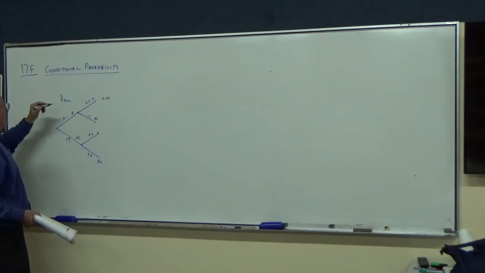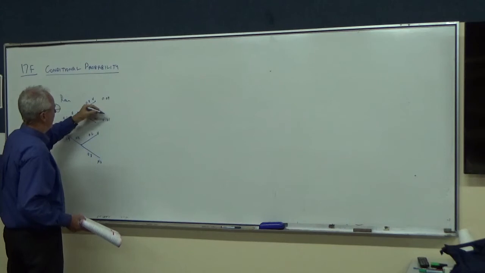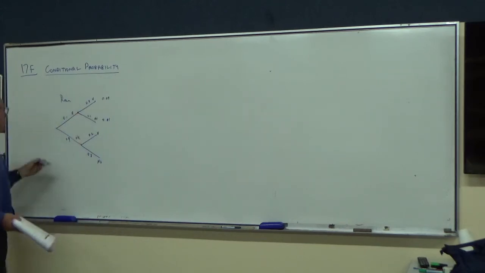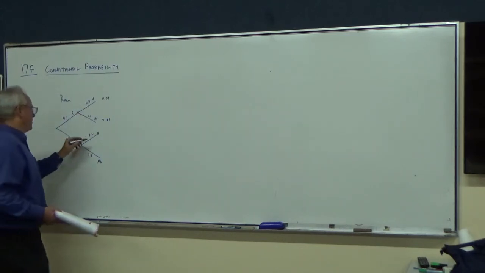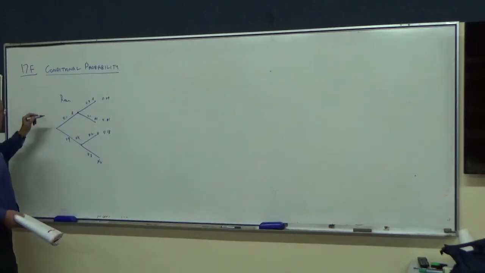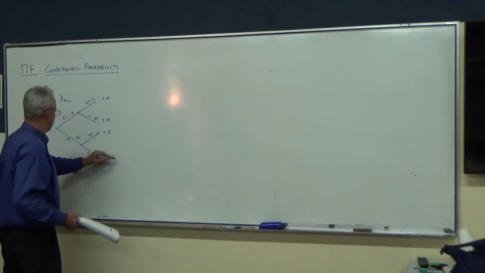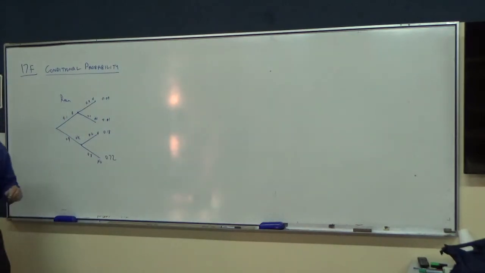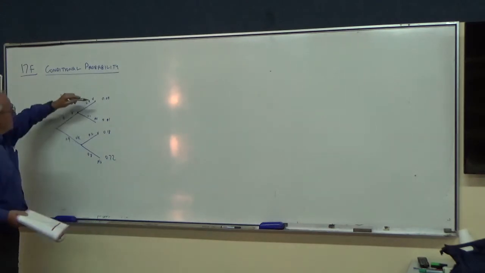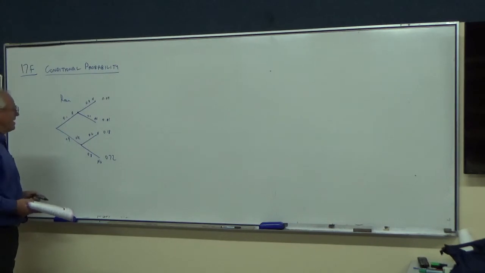The probability that it rains and I don't take my umbrella is 0.1 times 0.1, which is 0.01. The probability it doesn't rain and I take my umbrella is 0.9 times 0.2, which is 0.18. The probability that it doesn't rain and I don't take my umbrella is 0.9 times 0.8, which is 0.72. If we've done that correctly, then those four probabilities must add up to 1.